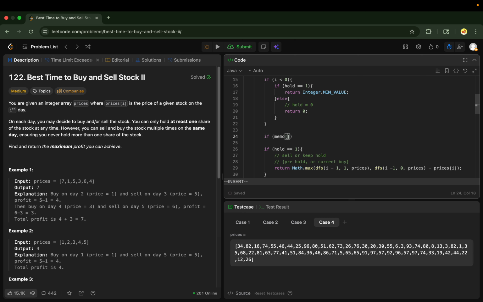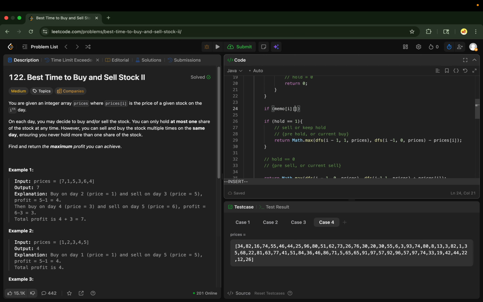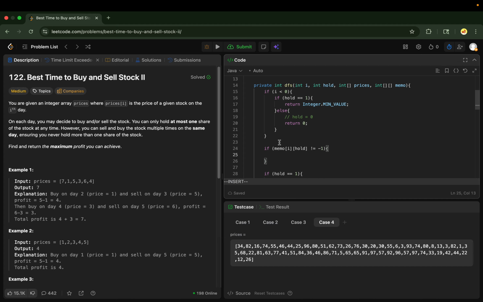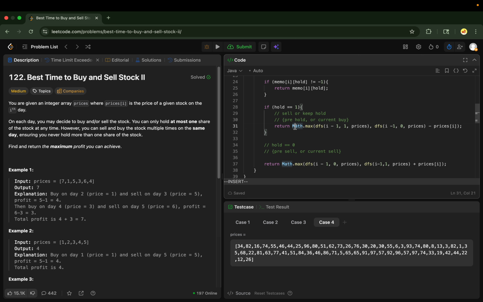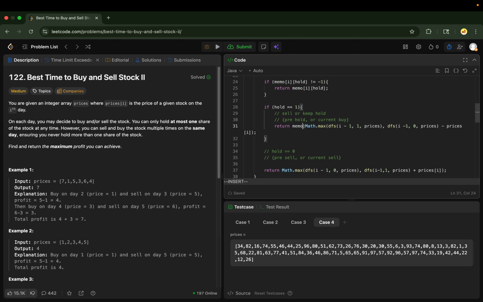So if memo at i and hold is not equal to -1, then we can return the memo. And here we can store the memo.